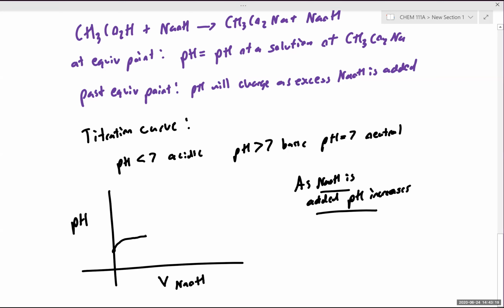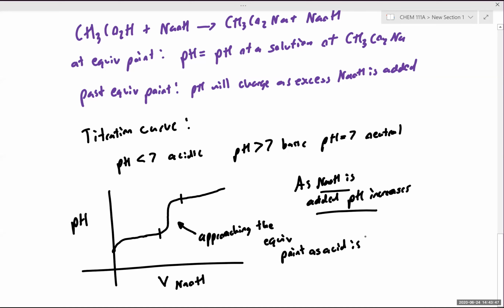Our pH is going to increase, increase, increase. And then you'll see this sharp jump. So this sharp jump indicates we are approaching the equivalence point as acid is being consumed.